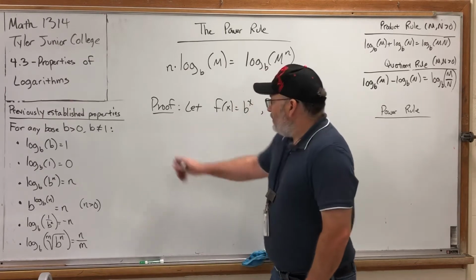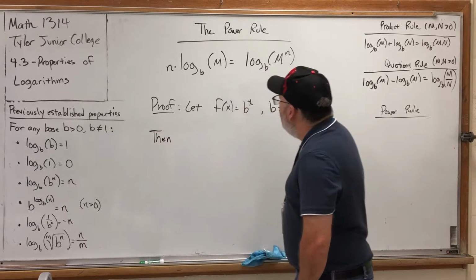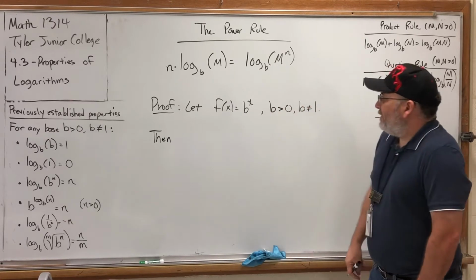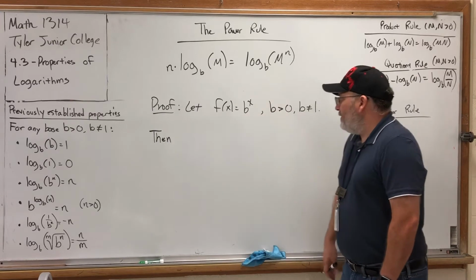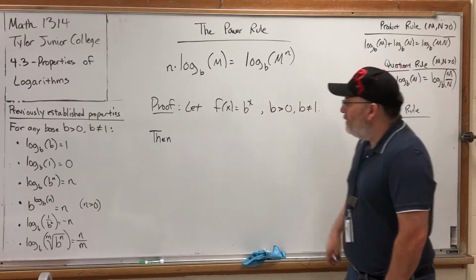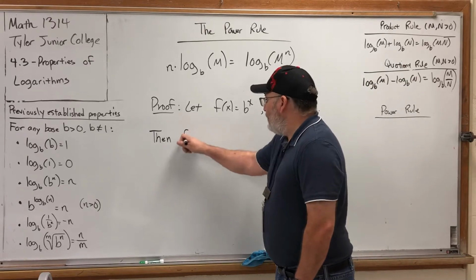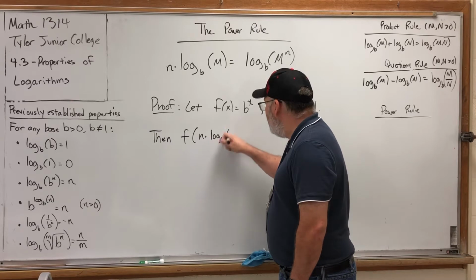All right, so let's see what happens when we substitute the left side of this property into this function. Let f of x equal b to the x power, of course b greater than 0 but not equal to 1. Then f of the left side, n times log base b of m.